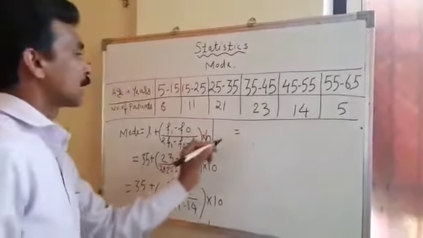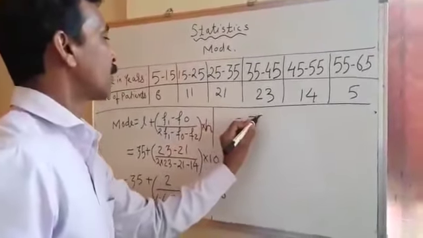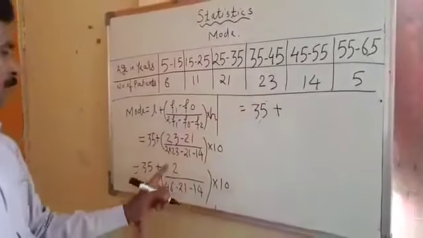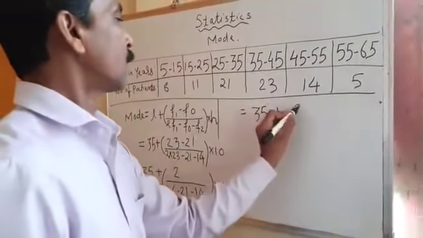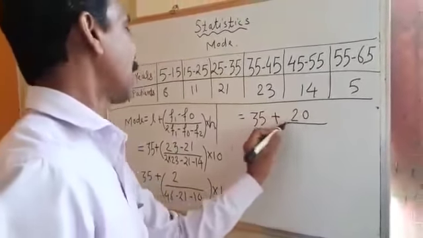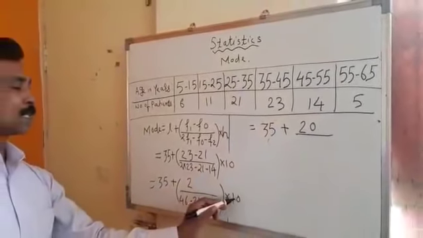This is equal to 35 plus 2 tens are 20. I have multiplied 2 and 10, which is in the numerator.